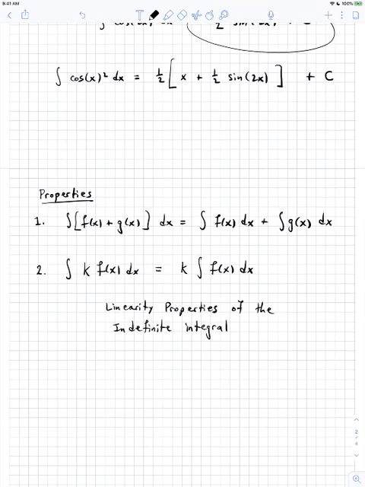One thing that we do not have, so let me write this as a remark: there is no product rule or quotient rule for integration.